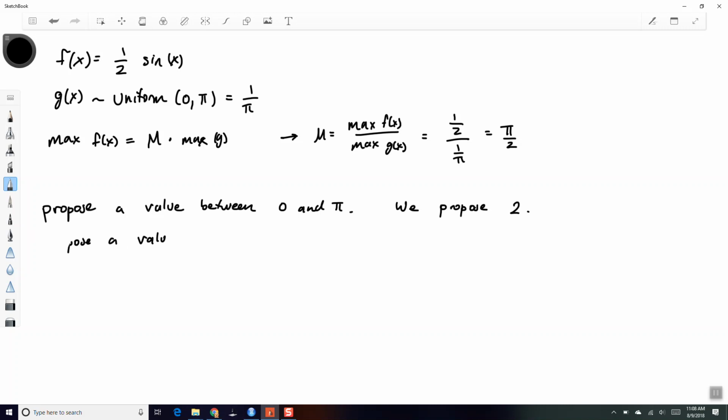Okay. So we propose 2, and our u will be 0.7. So the question is, do we accept 2 as a value that has been randomly generated from our PDF?